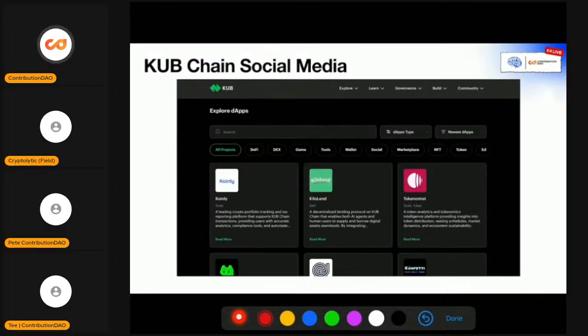And I think KUB Chain is quite interesting for me. If you are a builder looking for a new opportunity to deploy your application, I think KUB Chain is the new market for you.